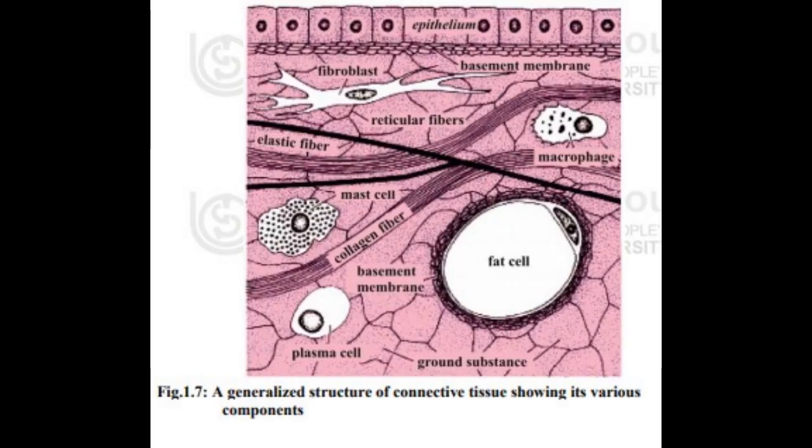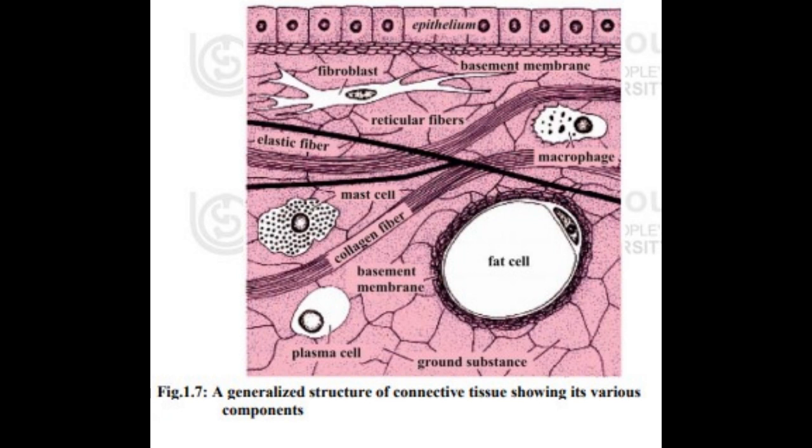Reticular fibers are for forming a delicate structural framework. The consistency of matrix is highly variable from gelatin-like to a much more rigid material and so may be liquid, e.g. blood, semi-solid, e.g. connective tissue, or solid, e.g.